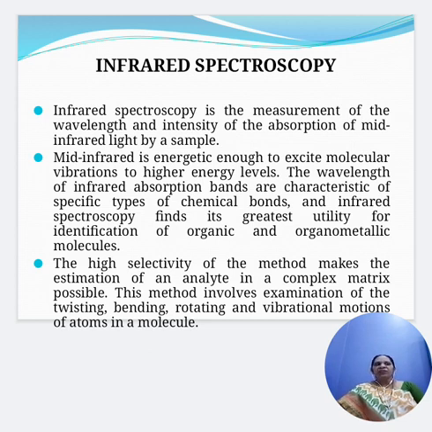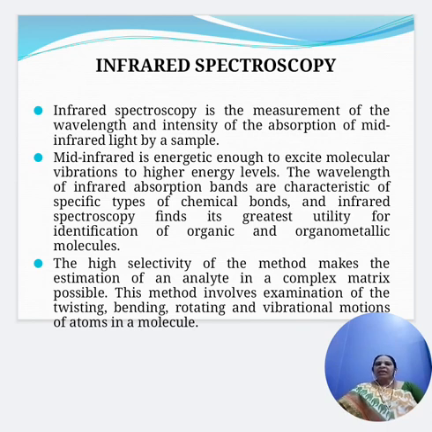Radiation in the infrared region is energetic enough to excite molecular vibration to higher energy levels. The wavelength of the infrared absorption bands are characteristic of specific types of chemical bonds, and infrared spectroscopy finds its greatest utility for identification of organic and organometallic molecules.